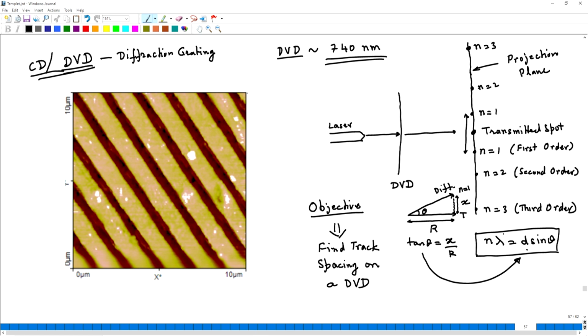And in that experiment, we had also measured the distance between the DVD and the projection plane. Using these values, we will now calculate the track spacing.